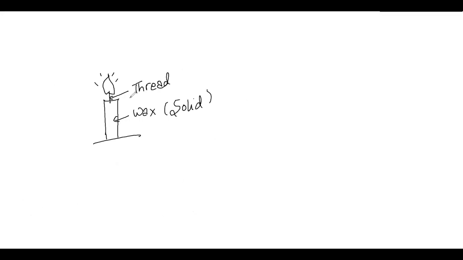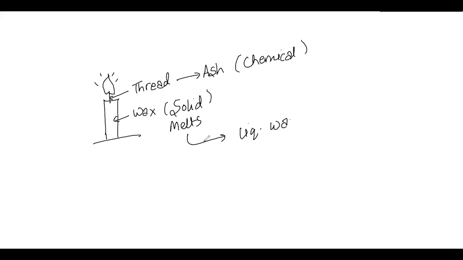When we burn it, the thread changes to ash. So this will be a chemical change. But when considering wax, this wax melts into liquid wax. So this is just a physical change, okay? So now you understand what happens in the case of a candle.